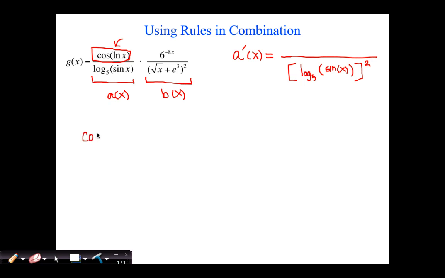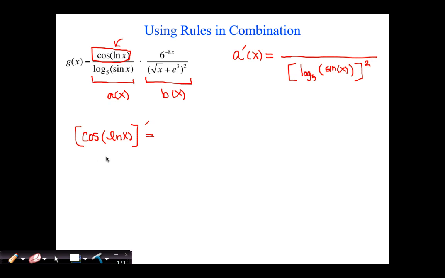If I want to find the derivative of cosine of natural log of x, I've got a cosine function and a log function, so we get to use chain rule. Whatever order you want to think about this, inside out or outside in, we need to find the derivative of both a cosine function and a logarithmic function, natural log. So what's the derivative of cosine of x?